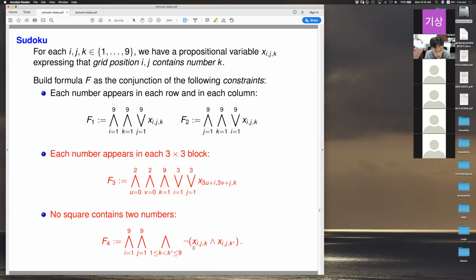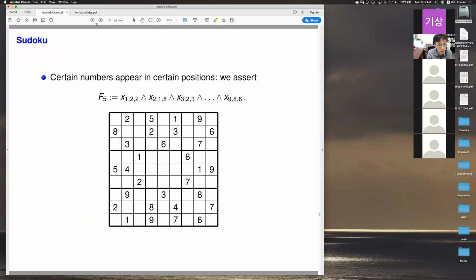So this last part says for any K and K prime which are different, it will never be the case that Xijk is true at the same time Xijk prime is true, which means ij contains both K and K prime. So no square contains two different numbers. And it turns out if you do so, then that's a complete description of the Sudoku.